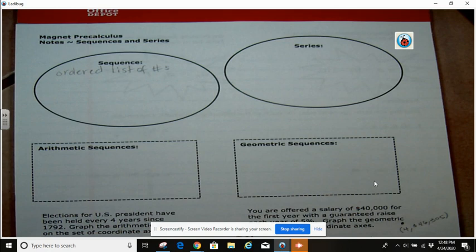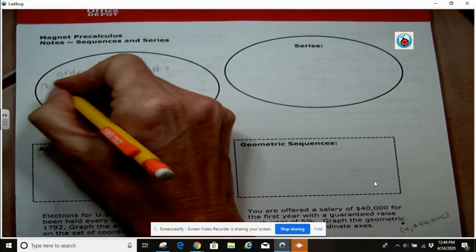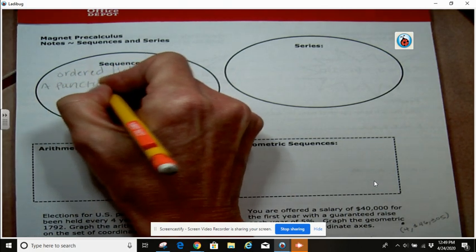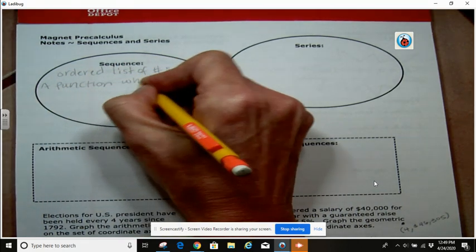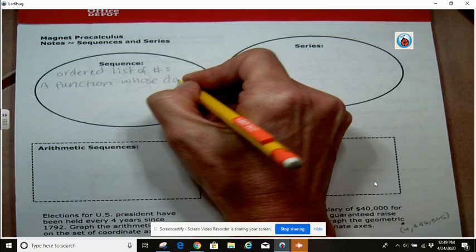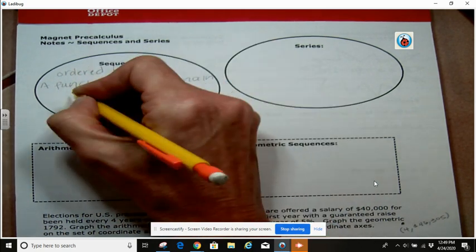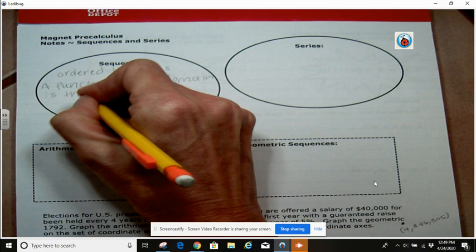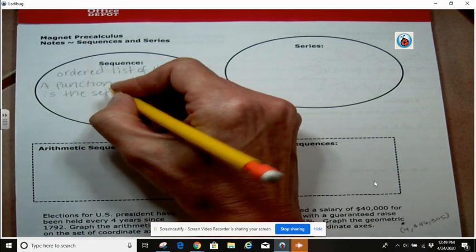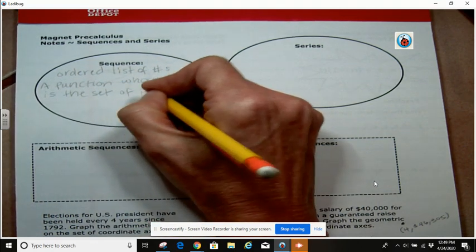You can call it a sequence if it's any ordered list of numbers. It's also a function whose domain is the set of positive integers.